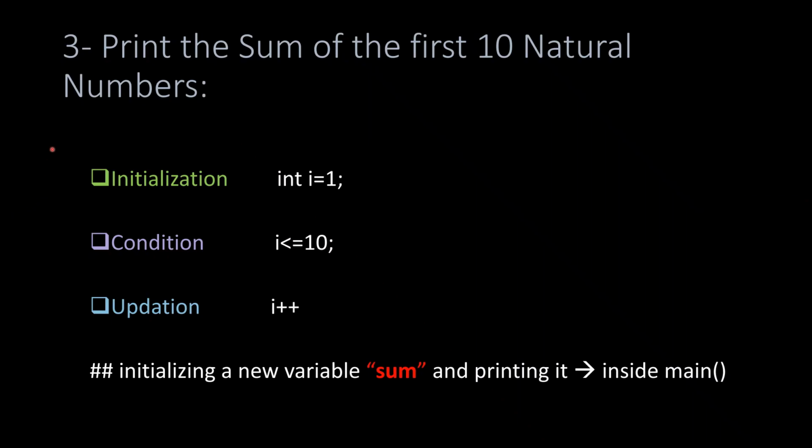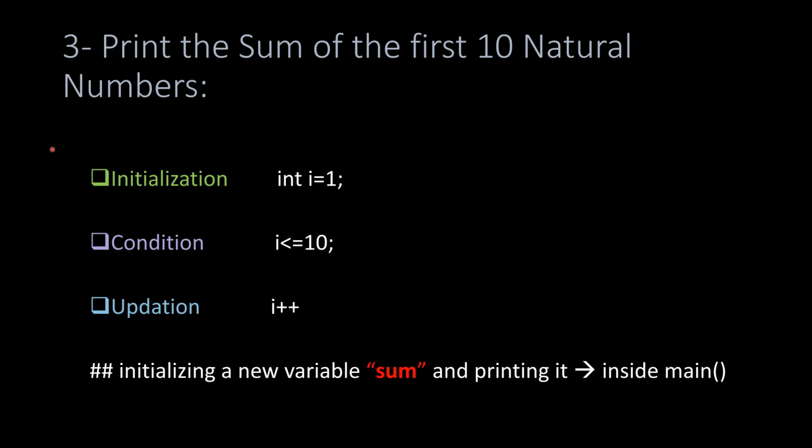Our third example is printing the sum of the first 10 natural numbers. Here, the three statements of for loop, that are initialization, condition, and updation, are exactly similar to our first example, that was printing the first 10 natural numbers.